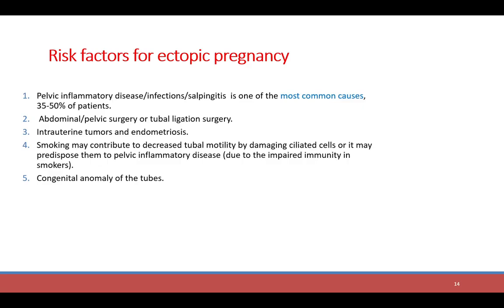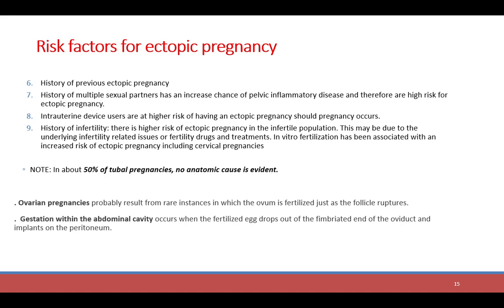Smoking can contribute because it looks like it damages the ciliated cells in the tube. That's how we explain the ectopic pregnancy related to smoking. Congenital abnormalities in the tube, history of previous ectopic pregnancy, multiple sexual partners, intrauterine devices, history of infertility, and so on.